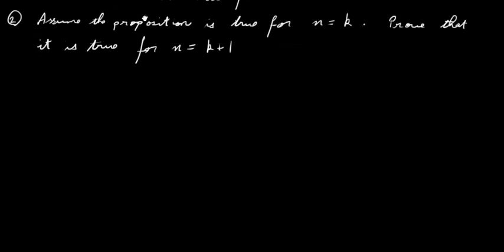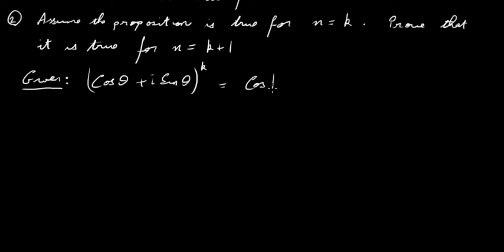Right, so we'll just write down what we're given. What we're given here is that it's true for n equal to k. So we're going to assume that, in other words, (cos theta plus i sine theta) all to the power of k is in fact equal to cos k theta plus i sine k theta. So we're going to assume that this is true.